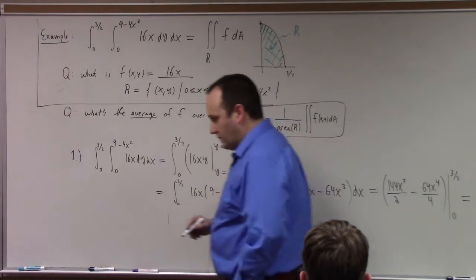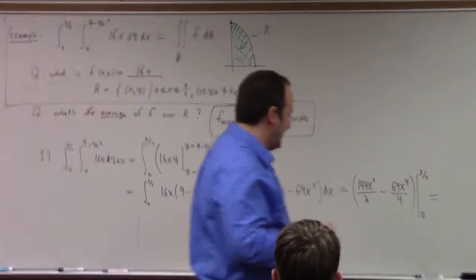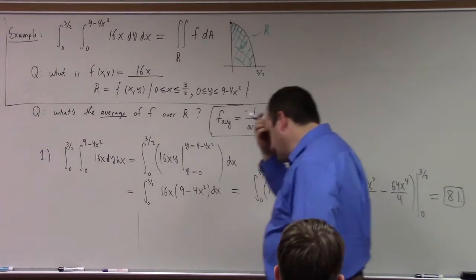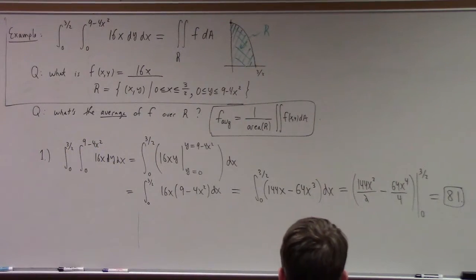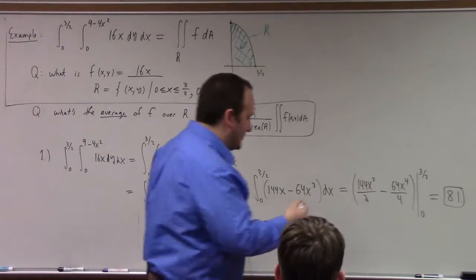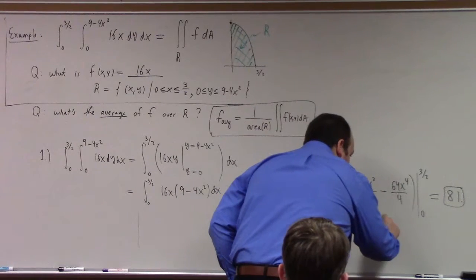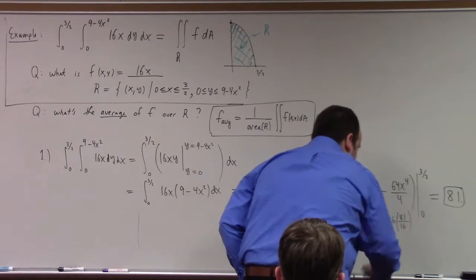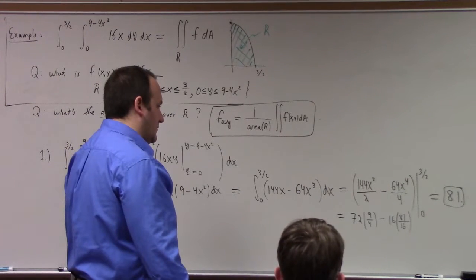And that is quite clearly 81. It actually is not that bad to work out. This is 72 times 9 over 4 minus 16 times 81 over 16. Huh, weird.